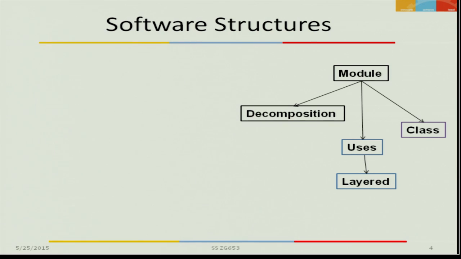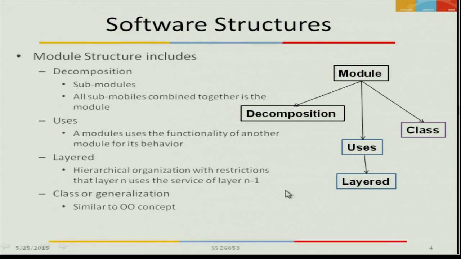It can use certain other modules. It can be decomposed into submodules. So the module structure essentially includes decomposition, uses relationship, layering relationship, and class or generalization relationship. Let's look at these things in detail.